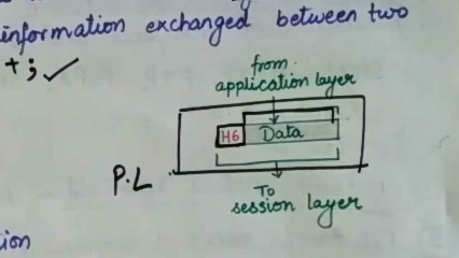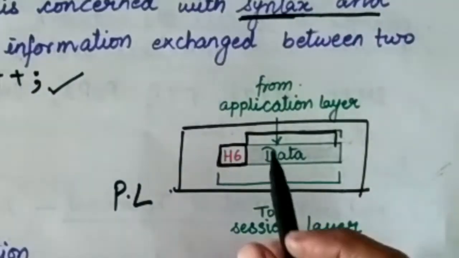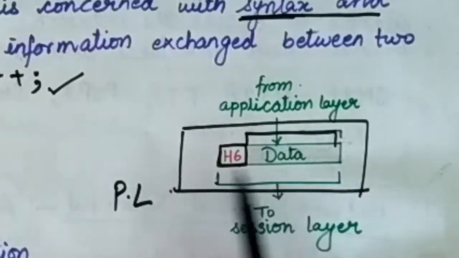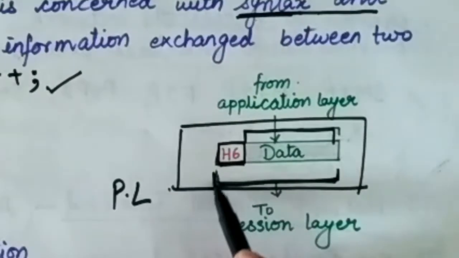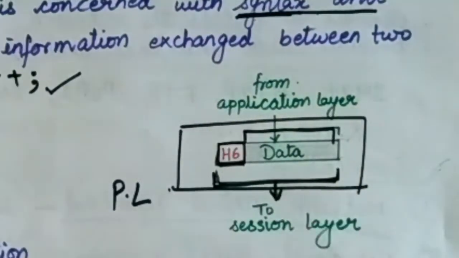So let's now come to the responsibility. Okay, then the header is added at the presentation layer, and this whole data unit, including the header, will be transferred to the next layer below it, which is the session layer.